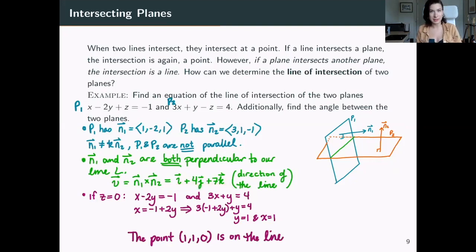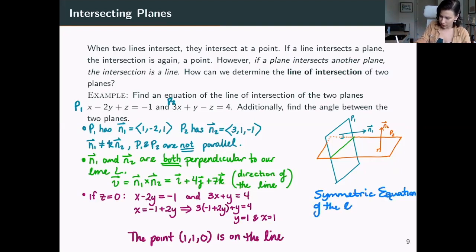So writing this down, we could go ahead and do the parametric equations if we wanted, but the symmetric equations of the line of intersection will be given by: x minus a point that's on the line.